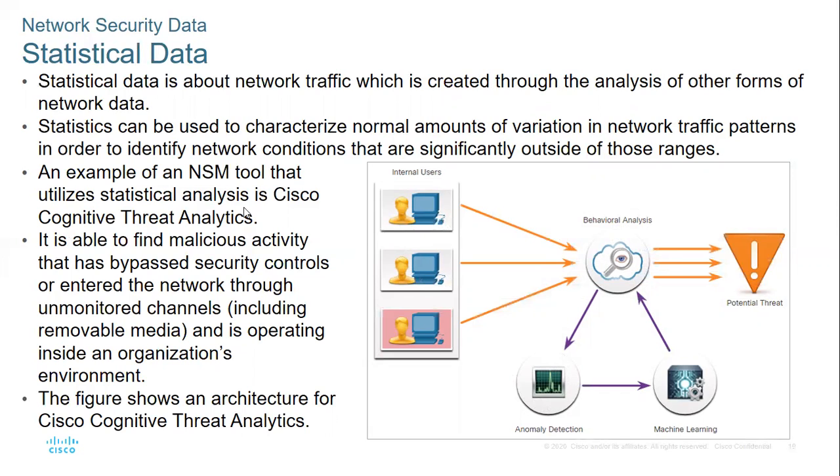The Cisco Cognitive Threat Analytics can find malicious activities which have bypassed some of the security controls we have put in place, and as I've been saying, you can't rely on a single technique to protect your organization. So you see, this tool uses machine learning to detect anomaly activities.